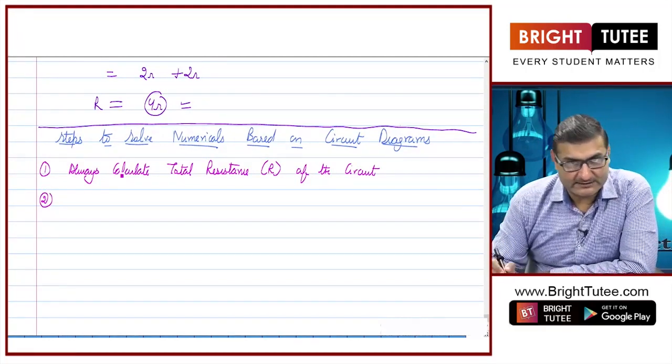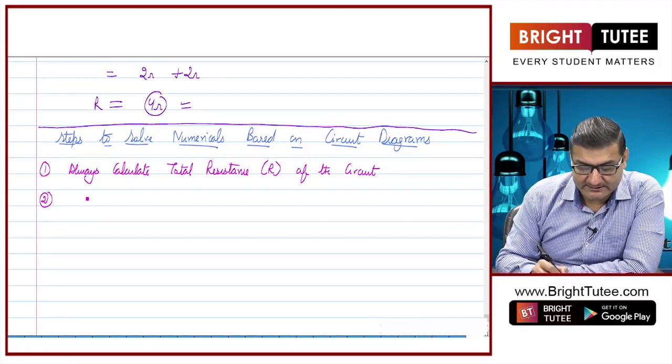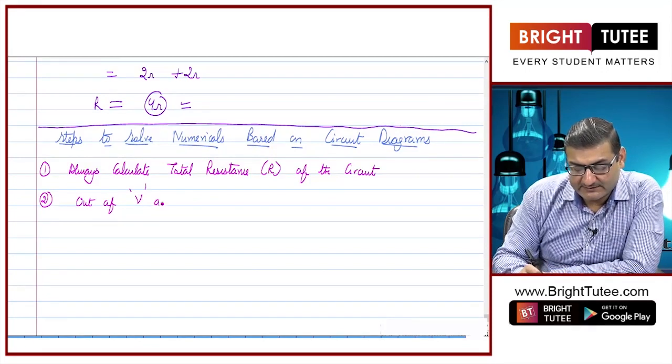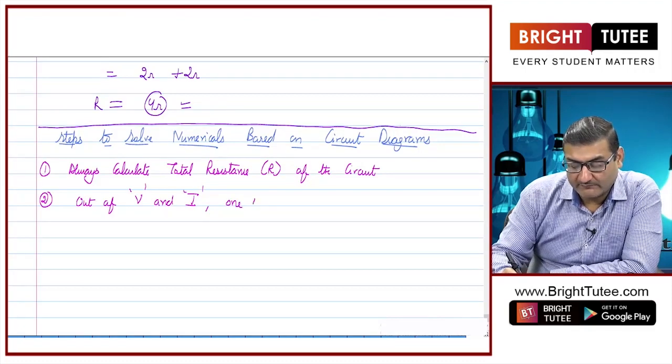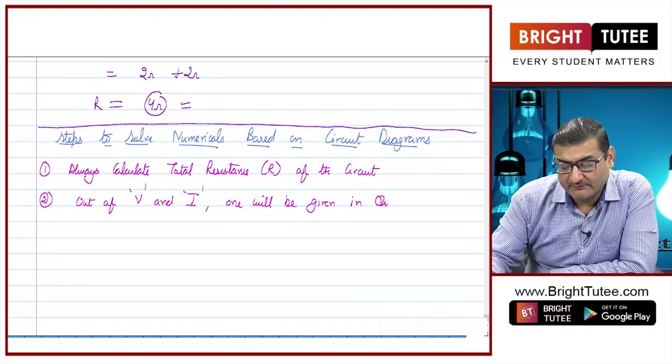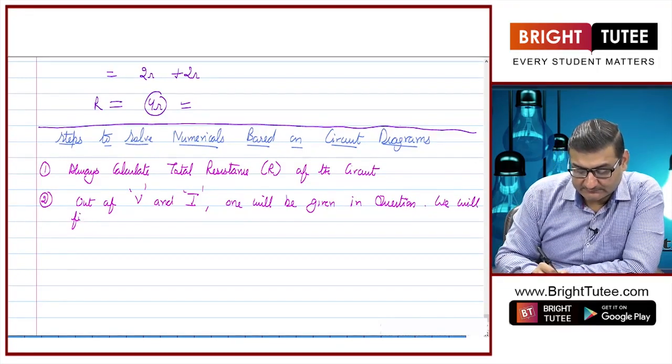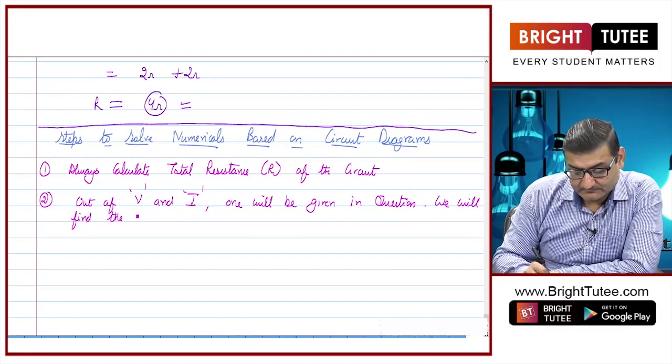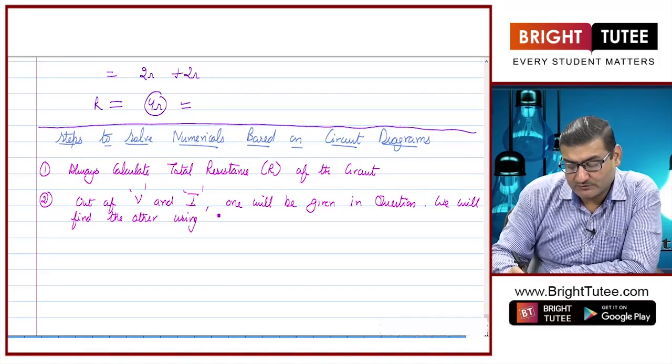After finding the total resistance, the second step says: out of V, the total potential difference, and I, the total current, one will be given in the question, of course, always directly or indirectly. One will be given in the question, and we will find the other using Ohm's law.